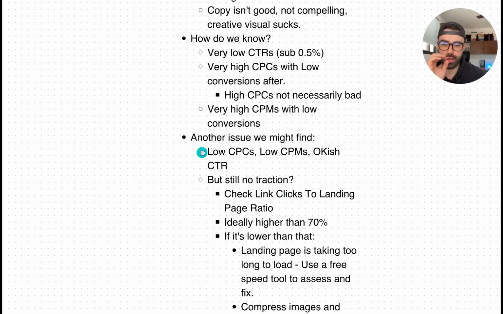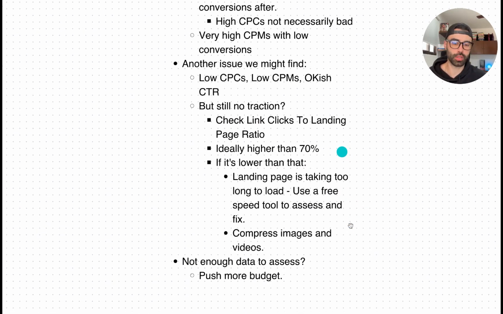So if you find yourself in this situation and still no traction, check your link clicks to landing page ratio, right? So usually if people click the link and you're not seeing a very high landing page ratio, ideally over 70%, meaning if 100 people clicked your link in the ad and less than 70 are landing on the page, it usually means that your landing page is taking too long to load, right?